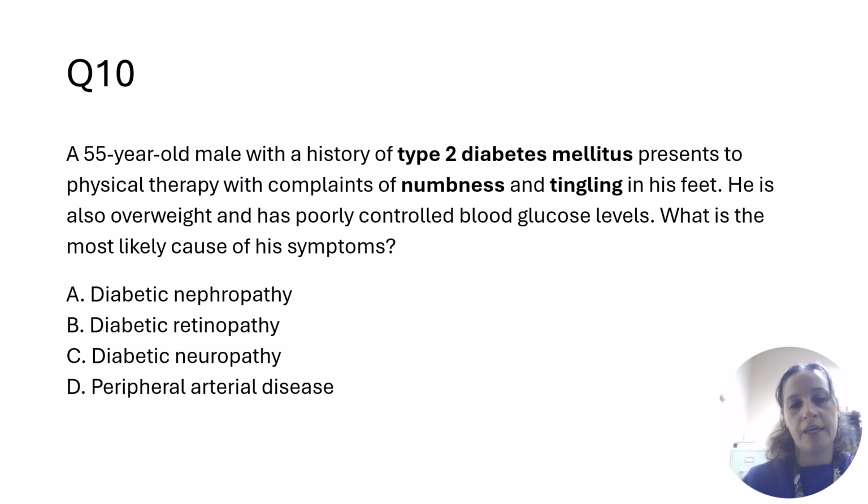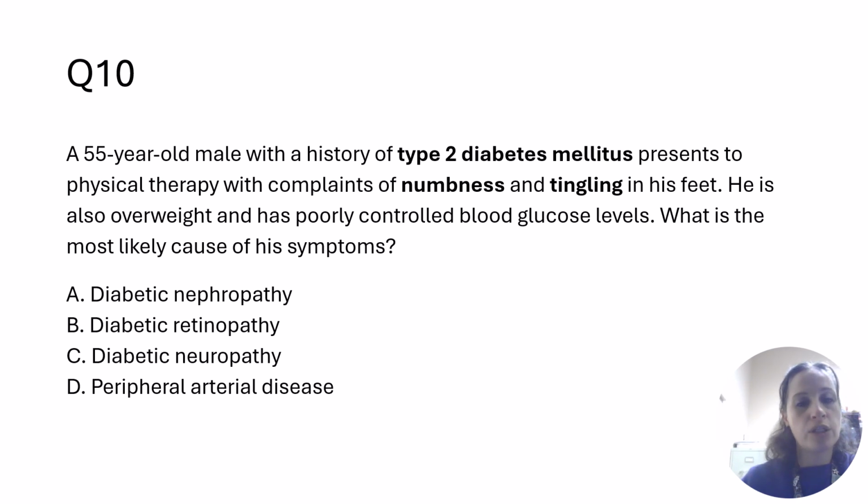Retinopathy, B, is your eyes, your retina and your eyes. So that would say they have some type of eye issue. Nephro, that's your kidneys. Anytime you see the prefix or the root word nephro, that's going to be your kidneys. So that's going to say something about the kidneys or urine or urinating. And PAD has to do with your blood vessels.